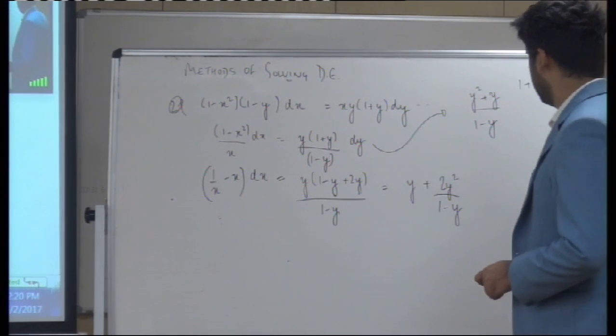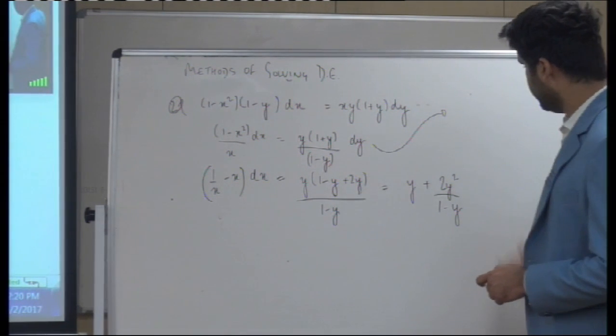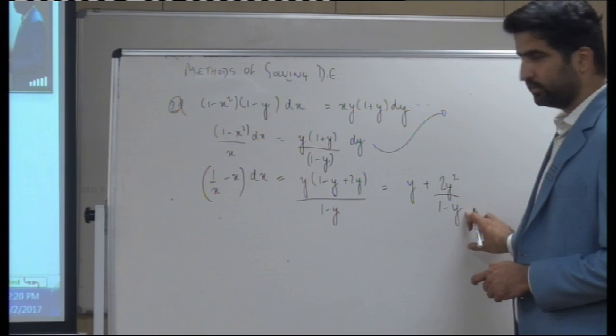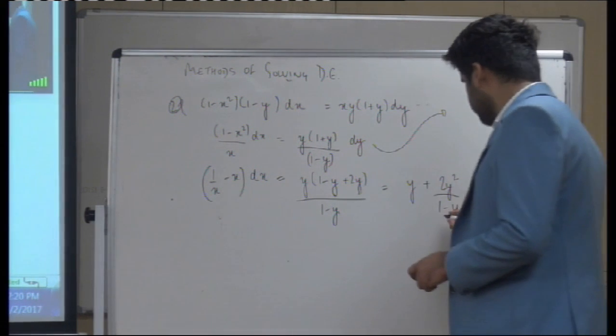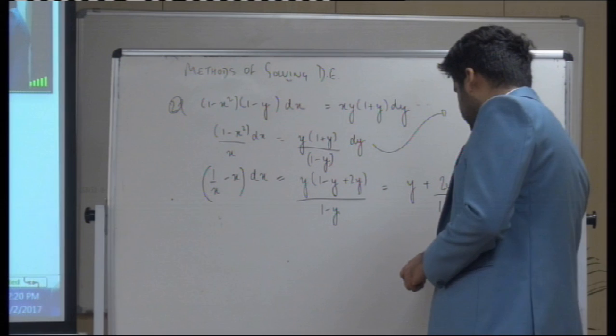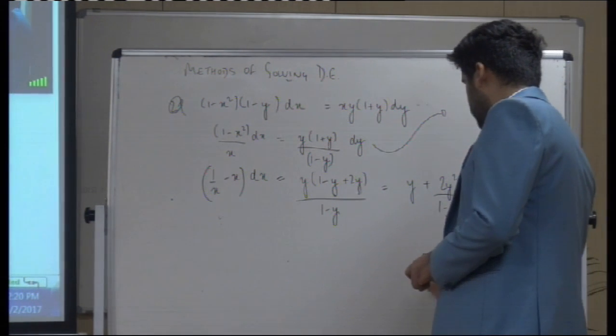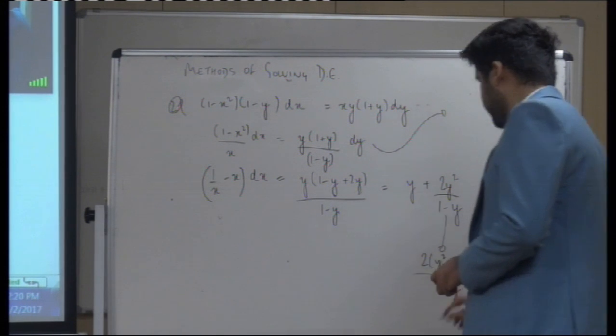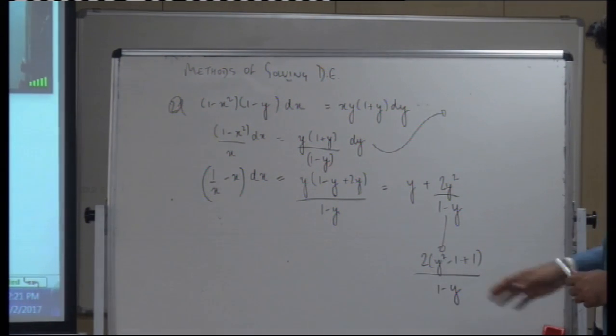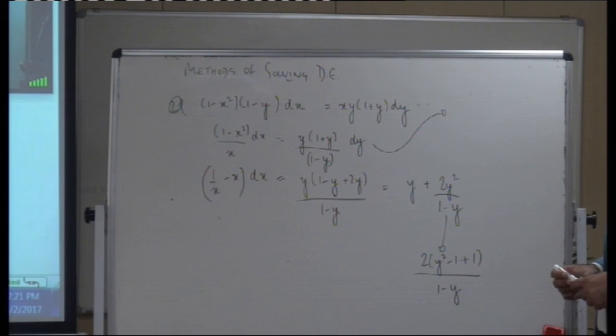Okay, let's see some other way. Now we have a 2y square upon 1 minus y. What we can do is, can we write it like this: 2 times (y square minus 1 plus 1) upon 1 minus y. I think this will be simpler, right?